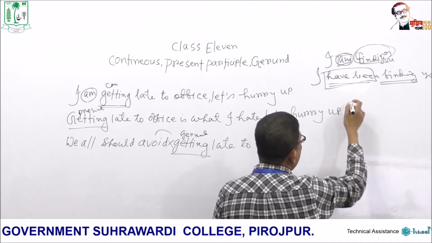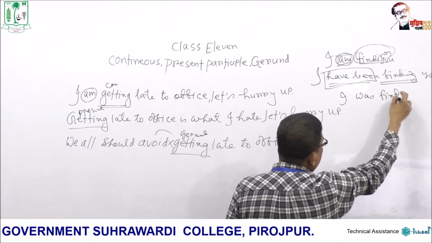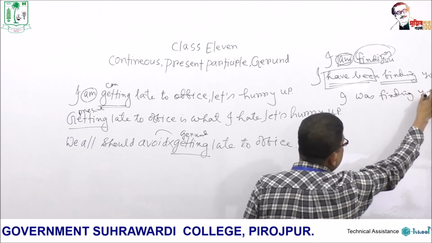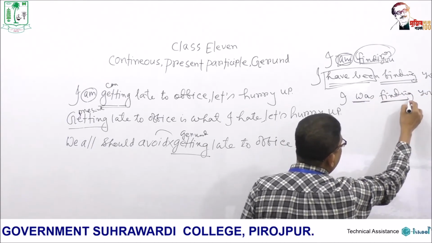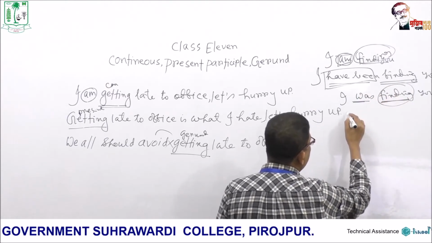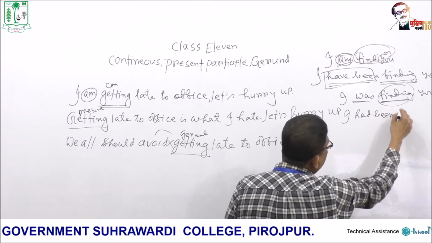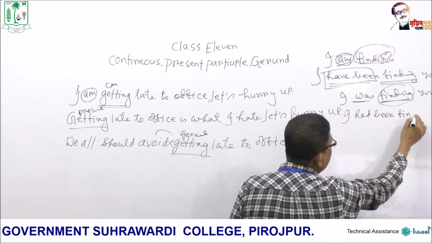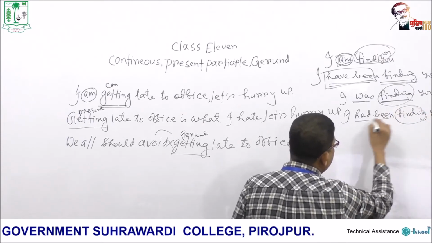And then what about past tense? I was finding you. This is the past continuous tense, and here I have used was, and here finding, the present participle. And then past perfect continuous tense, I had been finding you, finding, and here had been.